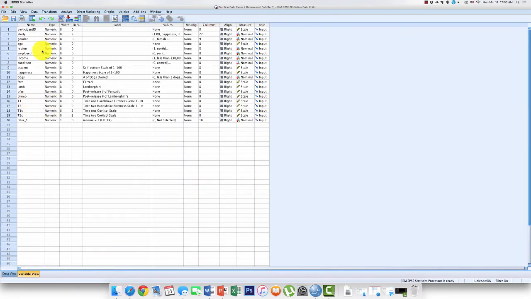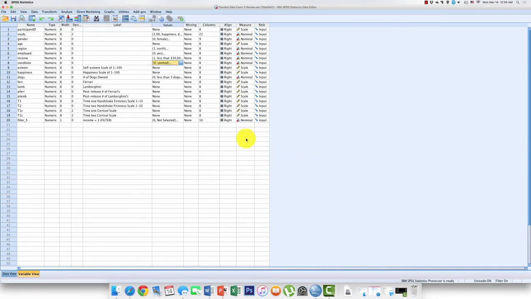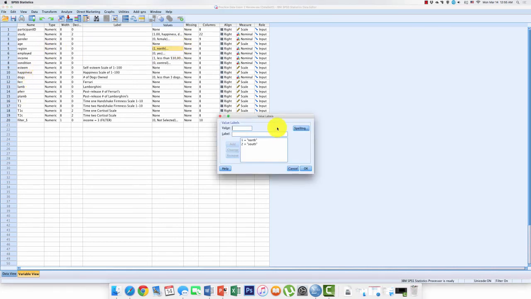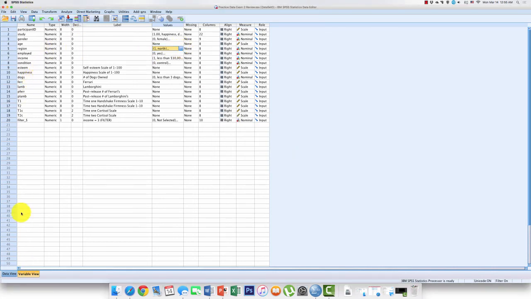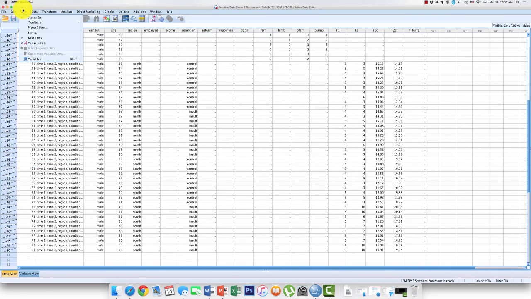We'll see that condition 0 equals control, 1 equals insult. And for region, 1 equals north, 2 equals south. So we're going to go to select cases.